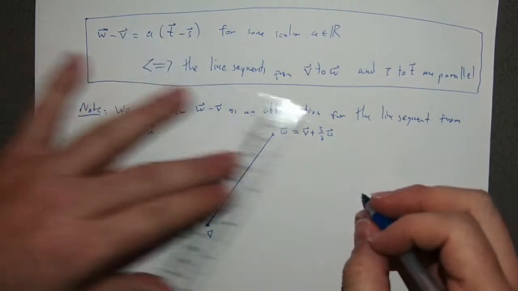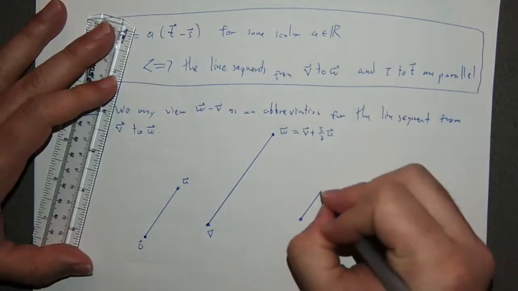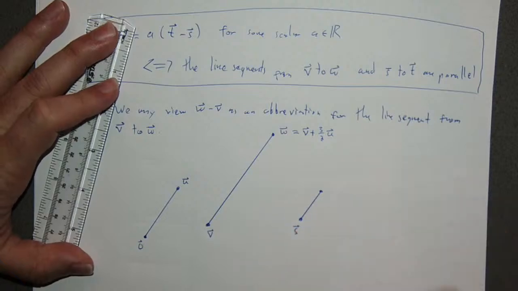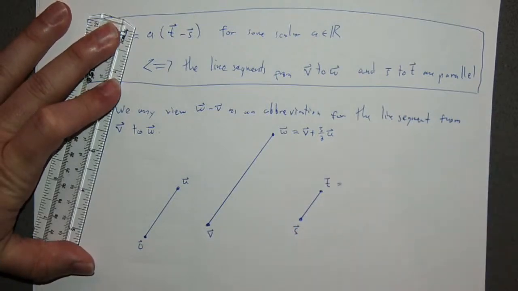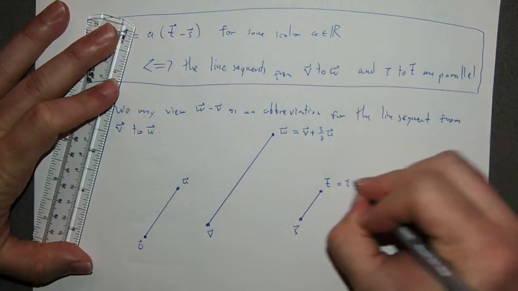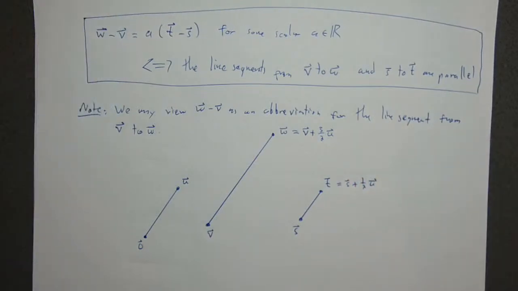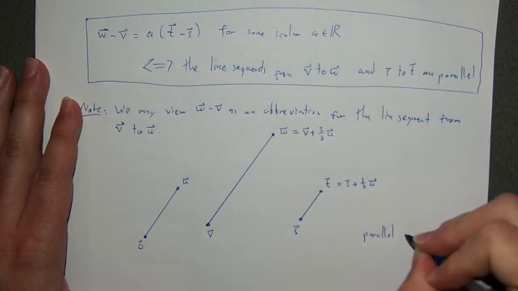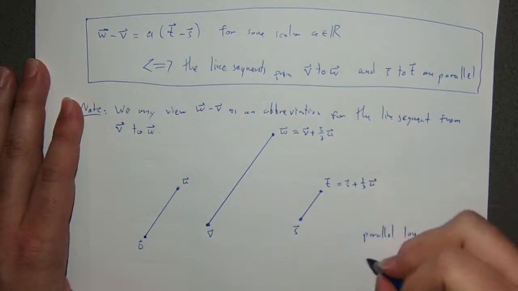And another line segment that is s to t, and t is s plus 1/2 u. So these are parallel line segments with direction u.